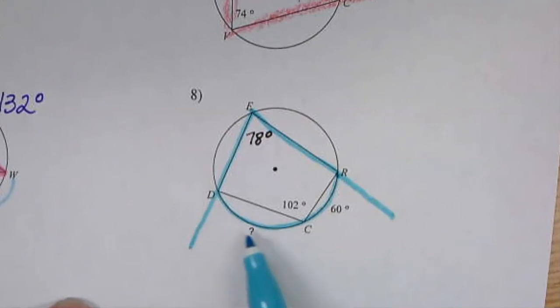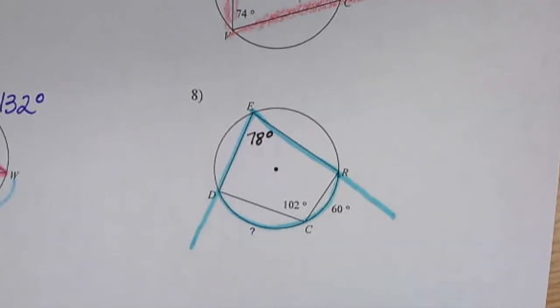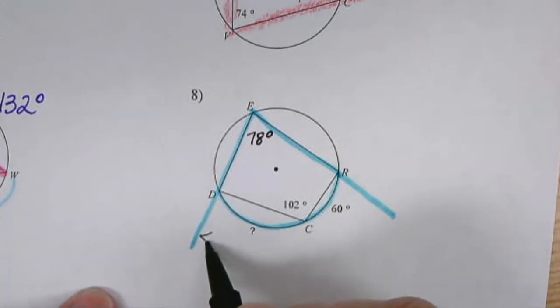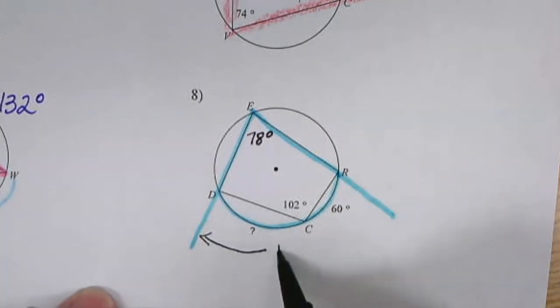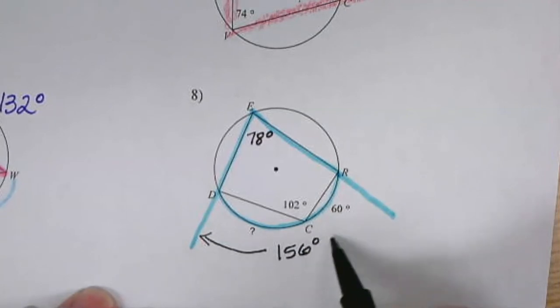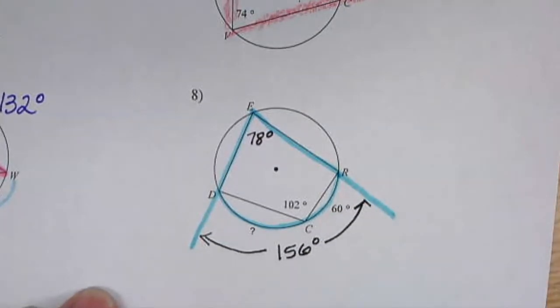If it intercepts that portion of the circle, then that portion has to be twice as big as 78. So I can do 78 times 2. 78 times 2 is what, 156? So this whole part all the way across has to be 156.